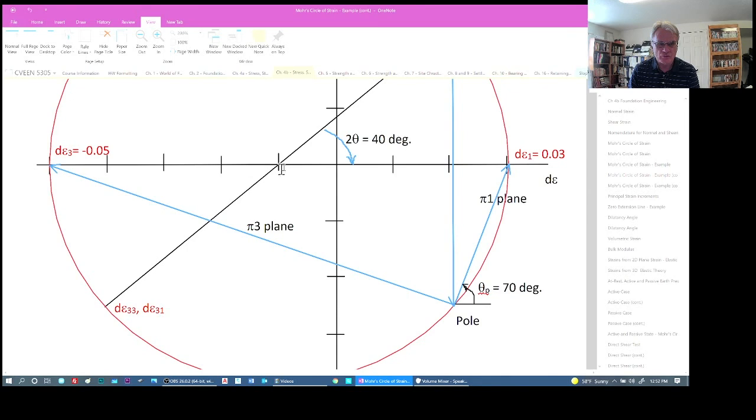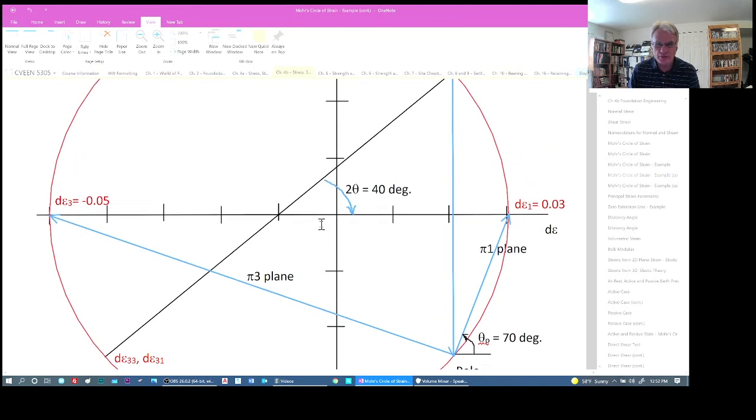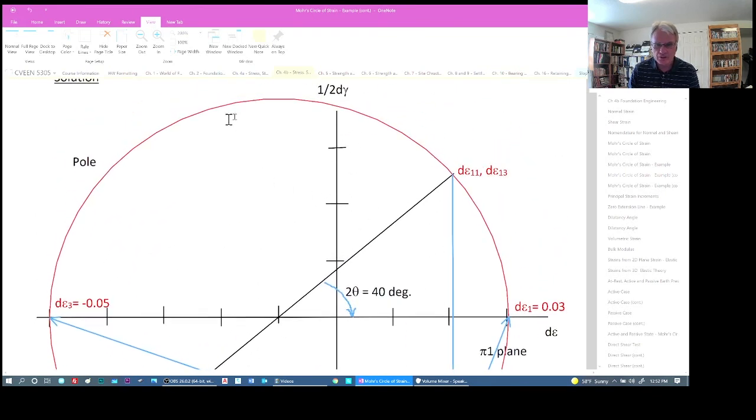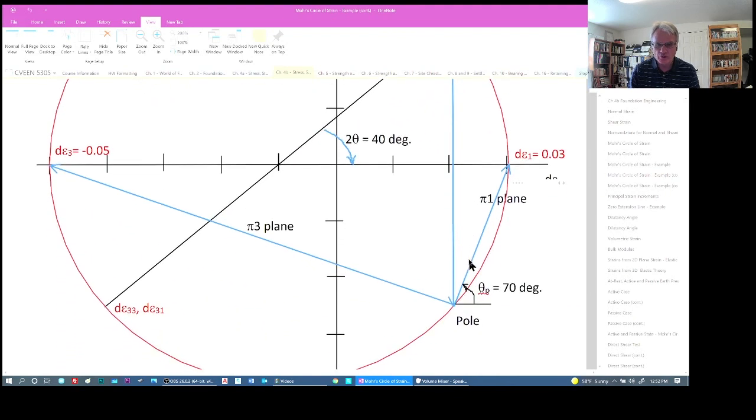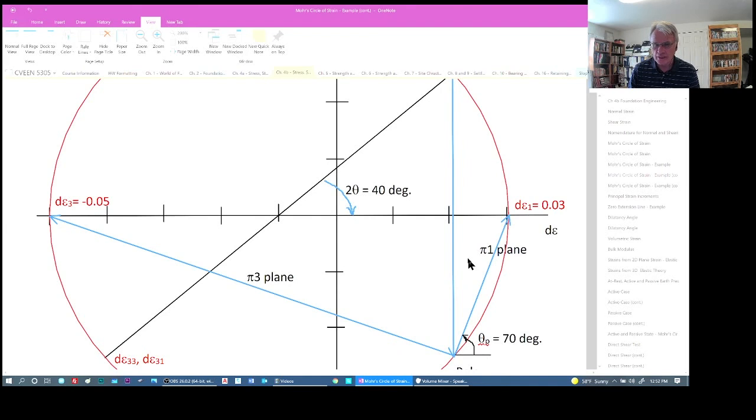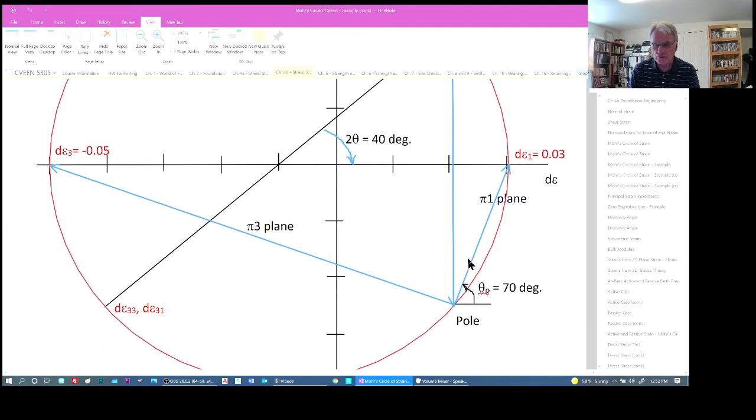This is over 1, 2, 3, 4 something, and this is down 0.0257, whatever the value was. Now we can connect these two with a diameter and swing a circle, and we have the Mohr circle of strain.